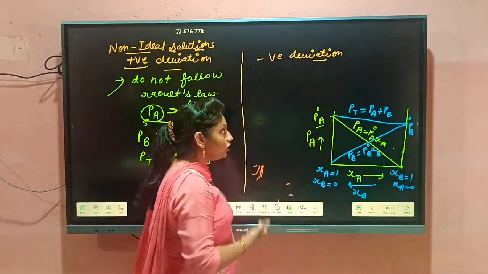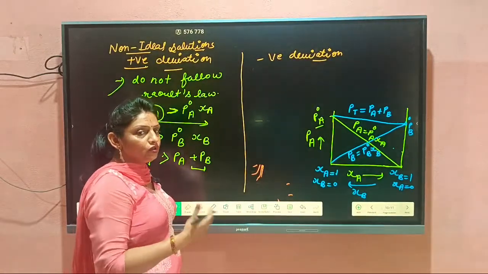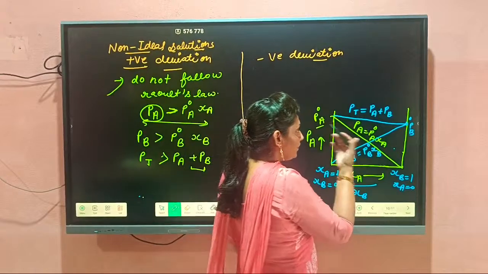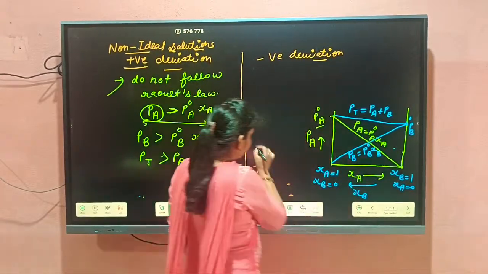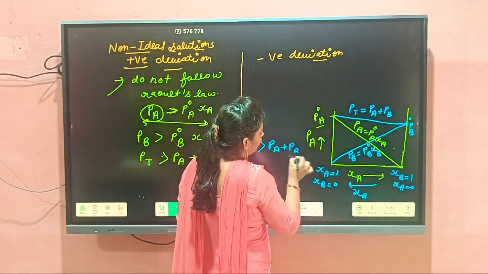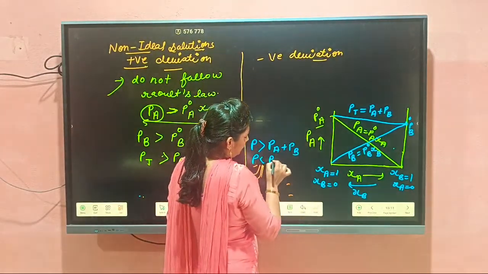But students, non-ideal solution do not follow this type of graph. Here, pressure is either greater than the expected value or it is less than the expected value.